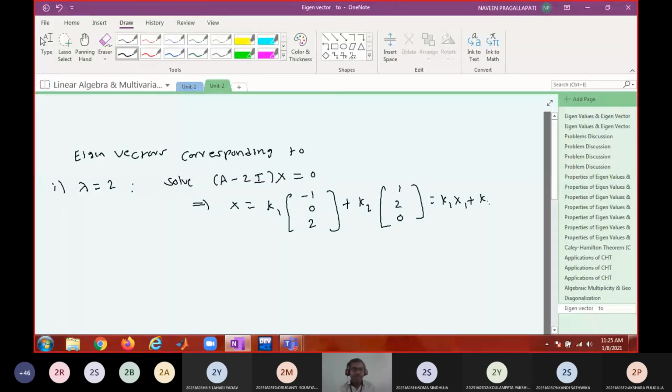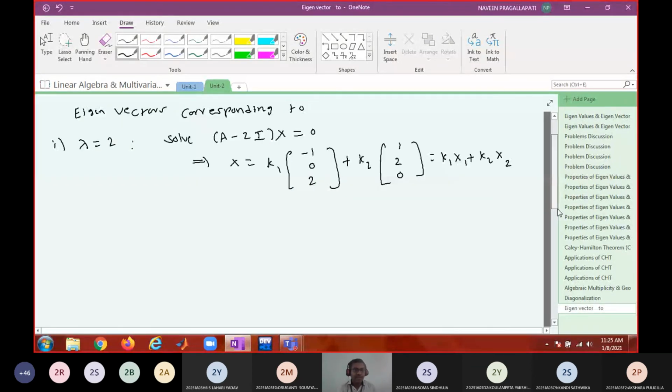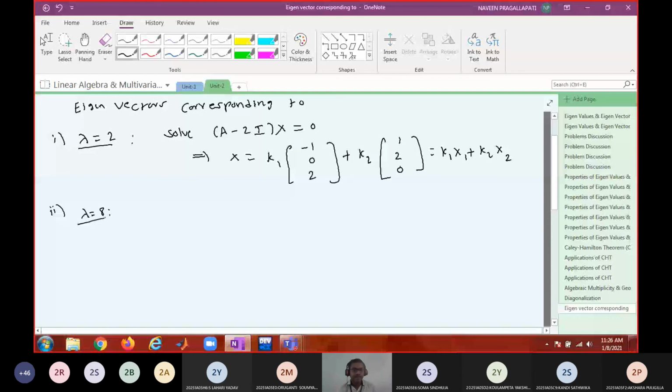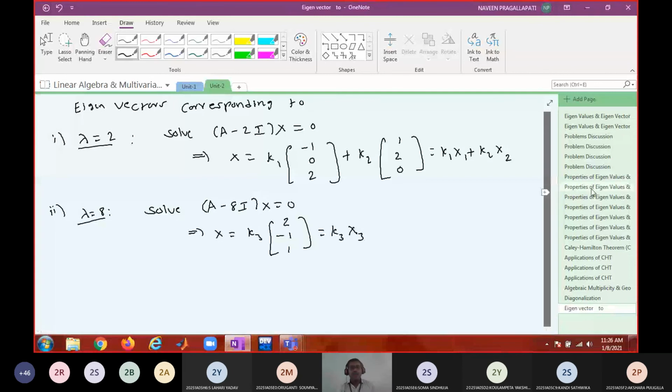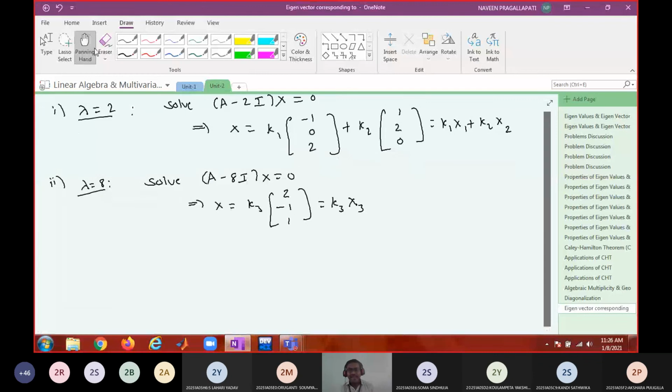Similarly, when you solve the second set, you will get x equals k3 into 2 minus 1 1, which is in the form k3 x3. Now this is all about finding eigenvalues and eigenvectors.